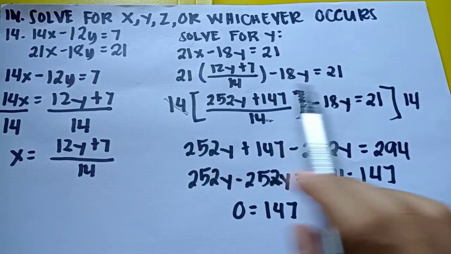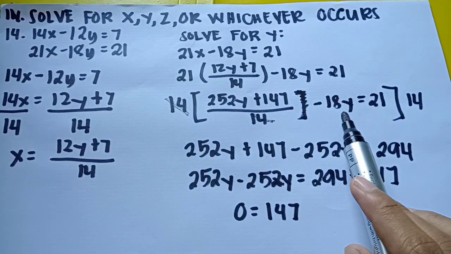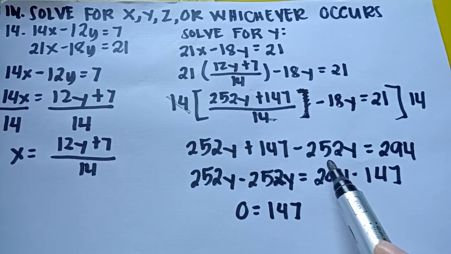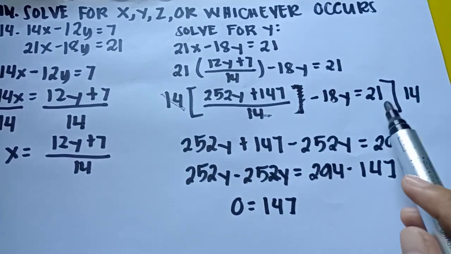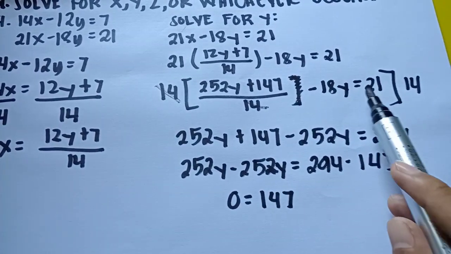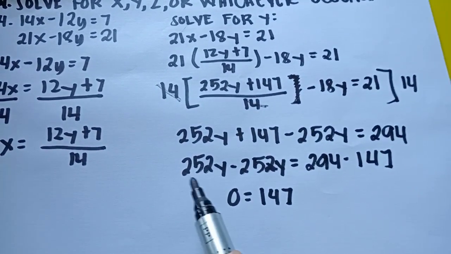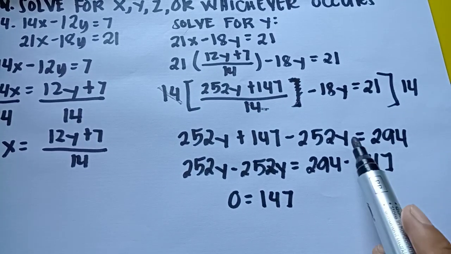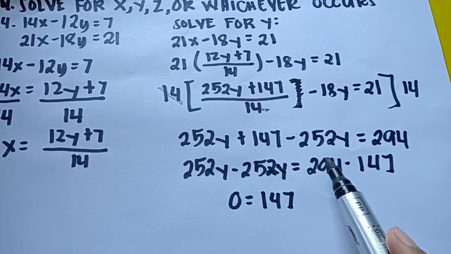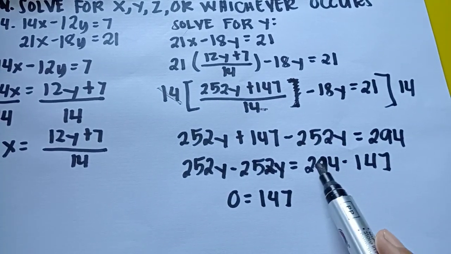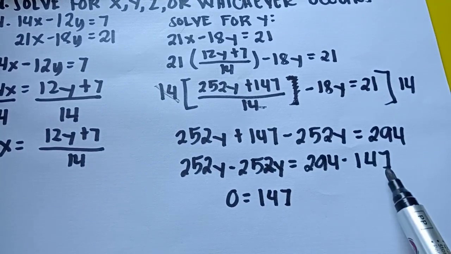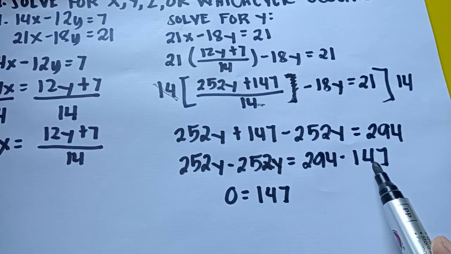Then 14 times 18 is 252y equals 294. 294 came from 21 times 14. 252y, then we will minus 252y. Then we will transpose positive 147 to the other side, so it will be negative.